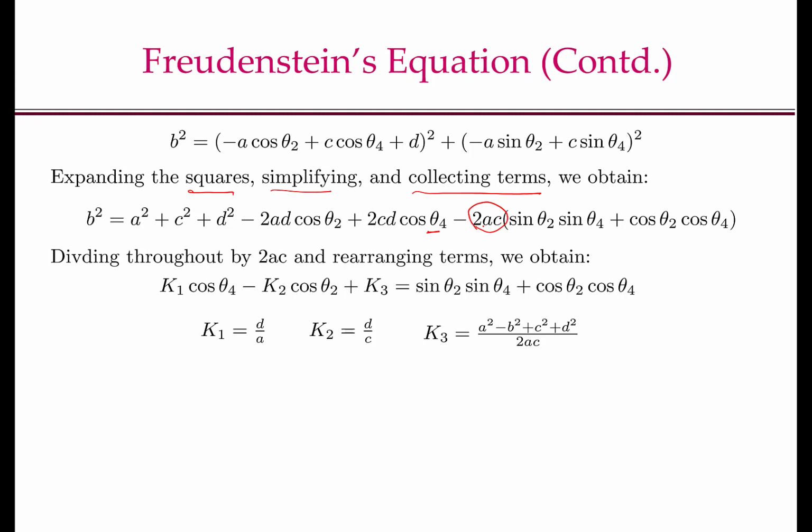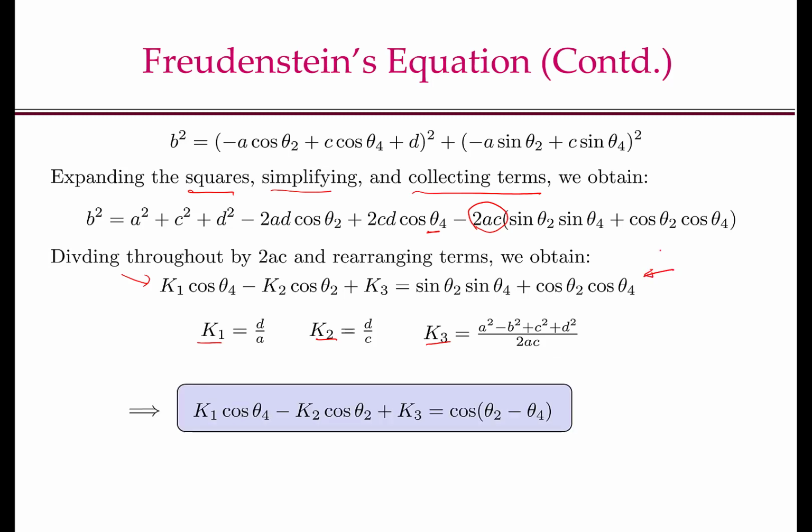So if we do this, we form an equation of the following form where the constants k1, k2 and k3 are defined here. And then noting that this right hand side is nothing but cos of theta 2 minus theta 4, we get the following equation. This equation is known as Freudenstein's equation and it is used in analytical design.